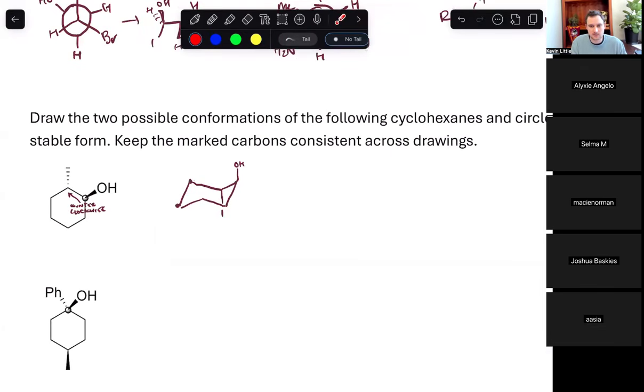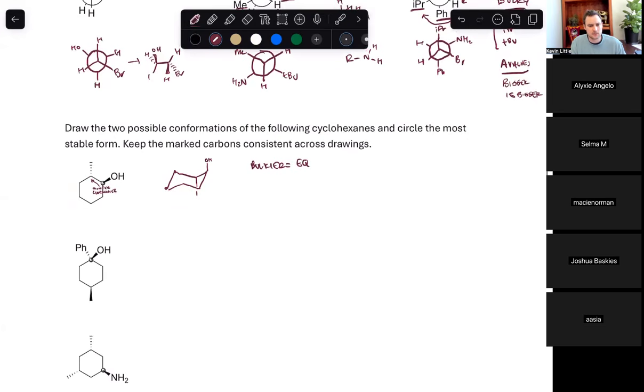A values come in handy here too. We want bulkier things to be equatorial. Does anybody have questions about these? You guys did really well on the quiz of these, so I don't want to spend time.